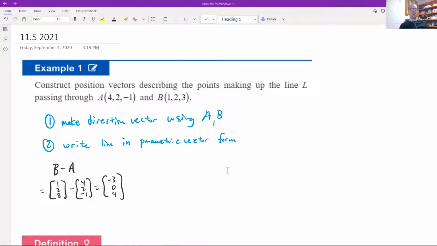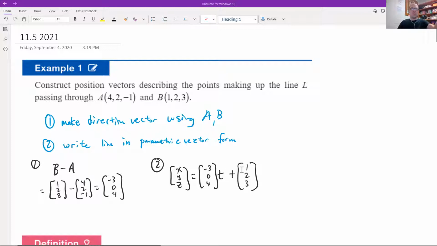So that looks like a direction vector. That's step 1, and then step 2, write it in parametric vector form. There's our line, and our direction vector is the one that gets the parameter. Let's call it t. And we just choose either of the points, 1, 2, 3, because that's easier to write.